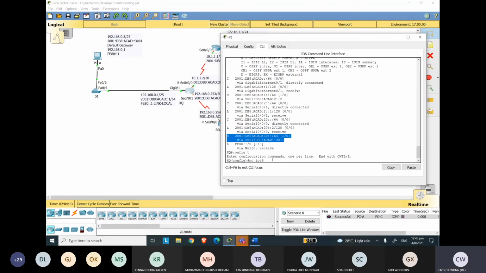So I want you just to type it out. No IPv6 route 2001:DB8:ACAD:30::/64, right? Excellent.